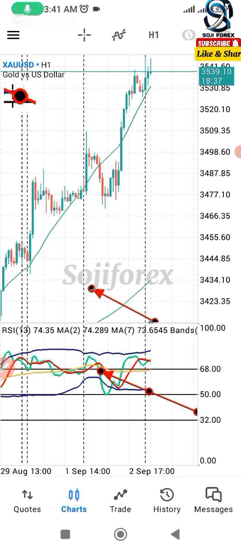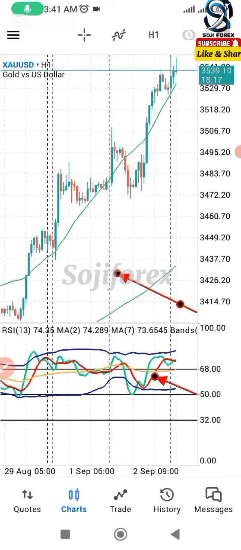Then we have the red moving average. The red indicator is our entry signal. This indicator is what we use to confirm and validate our entry. Then the gold color you are seeing here helps us to determine the trend of the market.